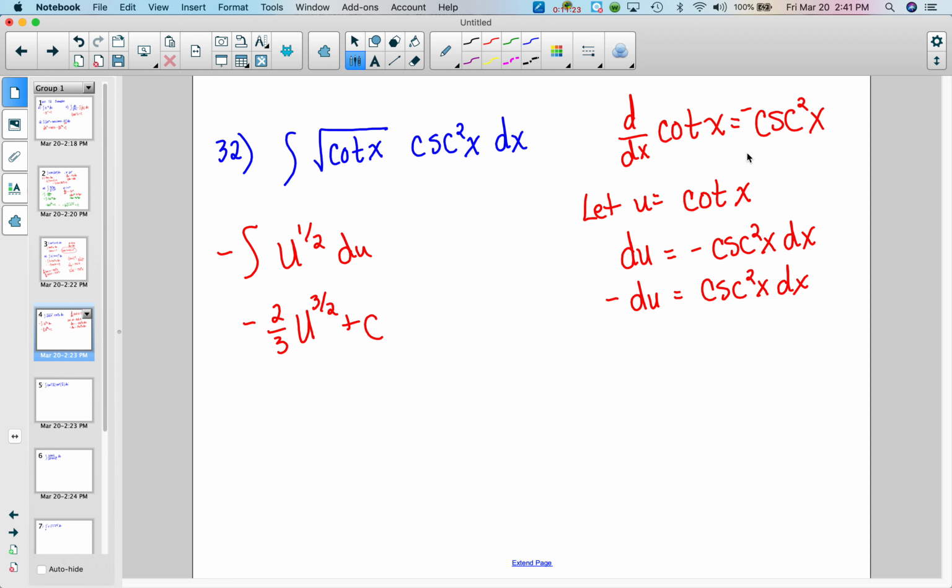Replace your u with what it was, cotangent x, so I get negative 2/3 cotangent x to the 3/2 power plus a constant. Okay, so that's what you would do on a problem like that. So you can see how these you need to know.